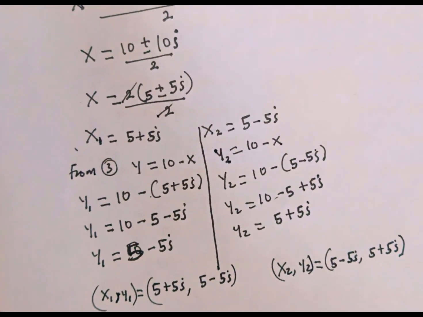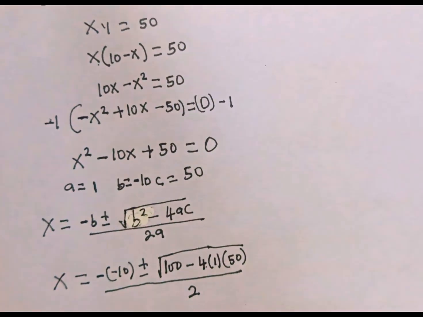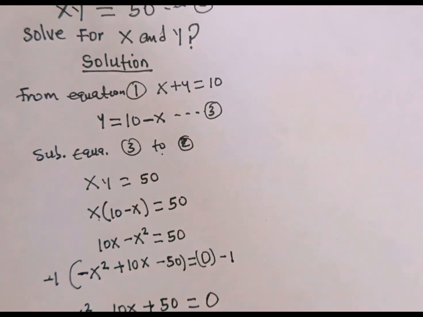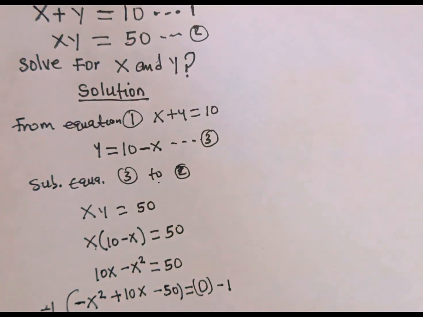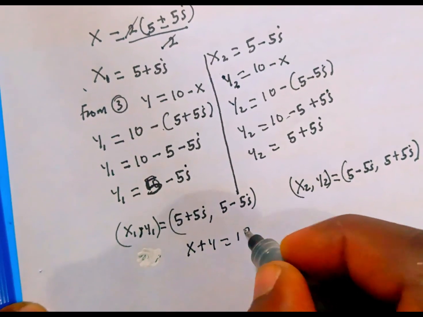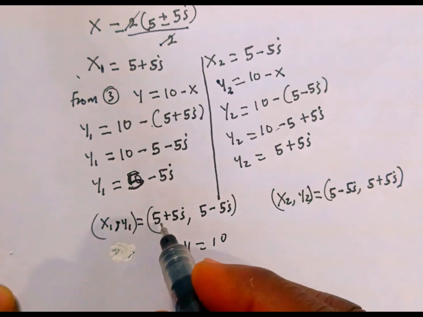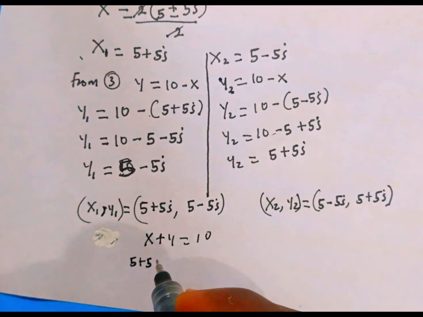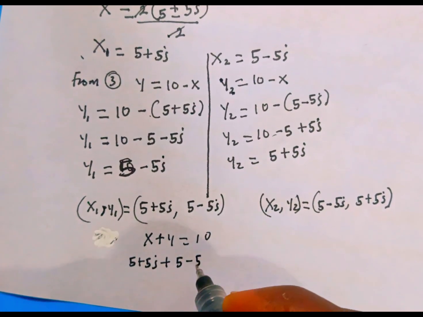Let's pick equation 1, which is x plus y equal to 10. Now, if we substitute x and y, the value of our x1 is 5 plus 5i, plus the value of y1, which is 5 minus 5i.